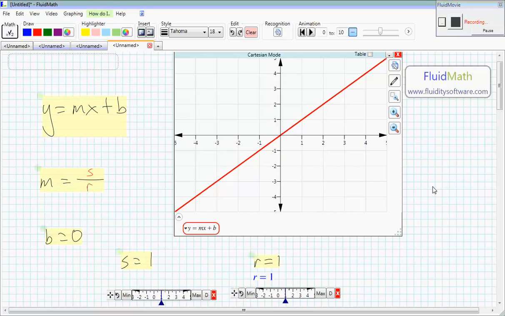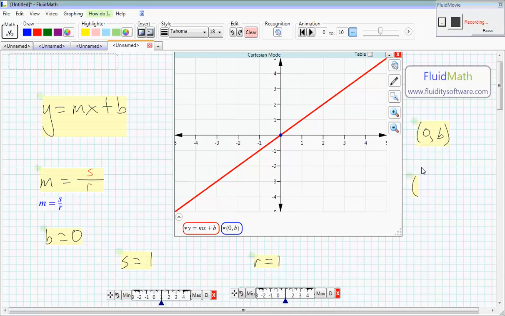Let's put some points down again. We'll use the same one as before, 0, comma b. And then let's use the point. So s and r here mean rise over run. This defines where the next point on the curve will be from a given point. So from any point, if we go up s units and to the right r units, if r is positive, we'll find the next point on the graph, on the line.